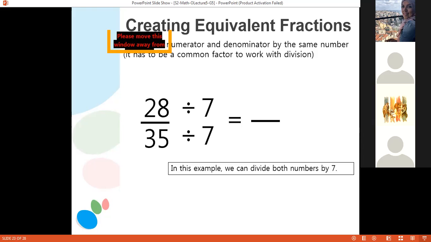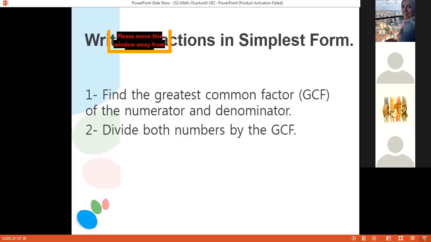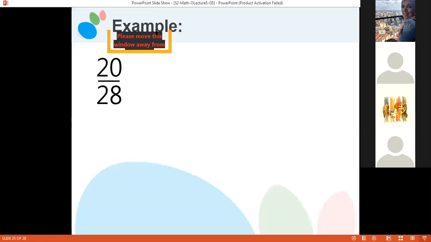I just said it. You're not listening, guys. Simplify. When I say simplify, it's the same as divide. When a fraction is in simplest form, it means that I simplified the fraction.